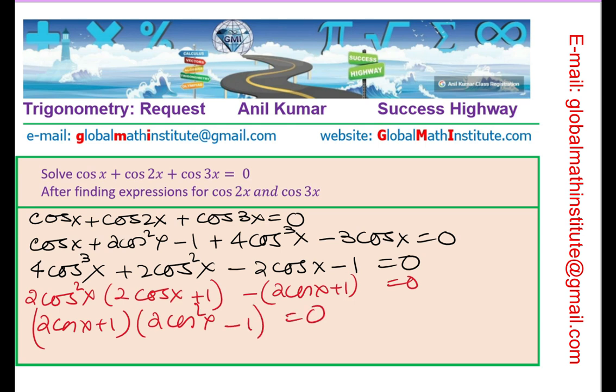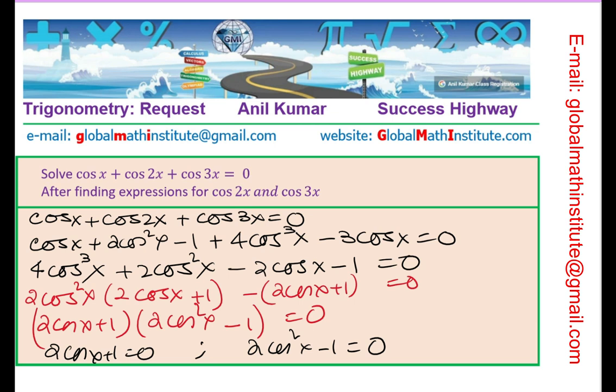So we are just rushing through this solution, but you can always pause or go slow to understand how we are doing it. Now we have two factors which are equal to 0 when multiplied. So clearly we have either 2 cos x plus 1 equals 0, or we have 2 cos square x minus 1 equals 0. Makes sense, right? So both will lead to solutions.